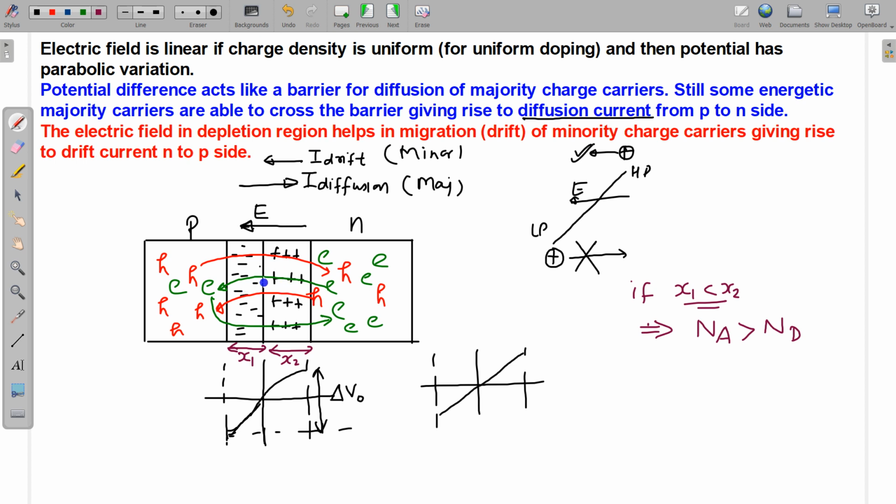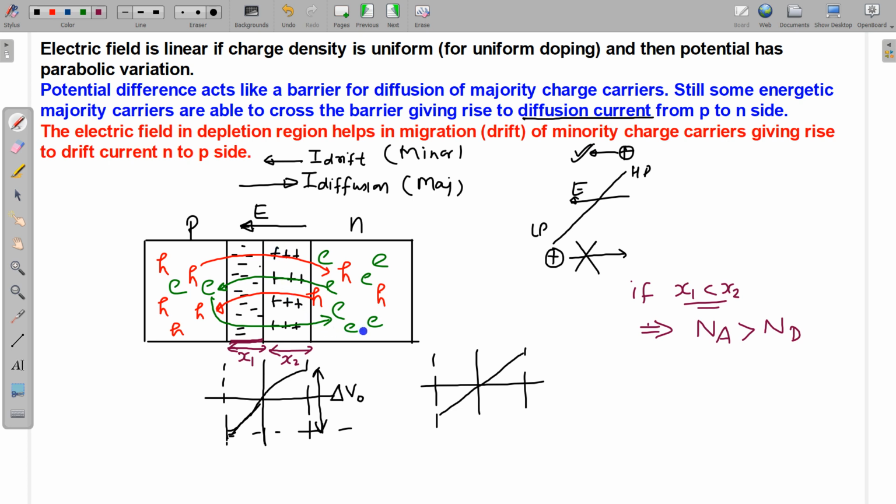To neutralize the electrons coming from the N side to the P side, meaning there is a recombination, since this concentration is more, in the smaller width we can have the number of holes sufficient for recombination with the electrons coming from the N side.